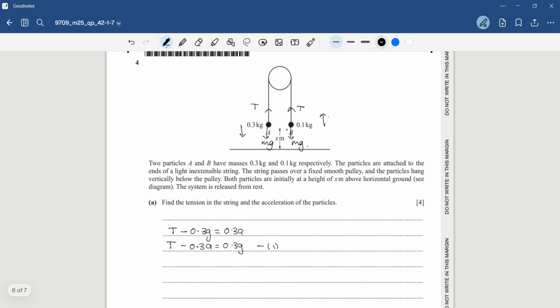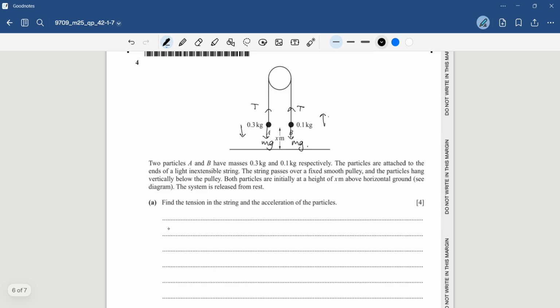And for the second system, system B... I'm sorry, I think it should be the other way around. A is going down. I'm very sorry.